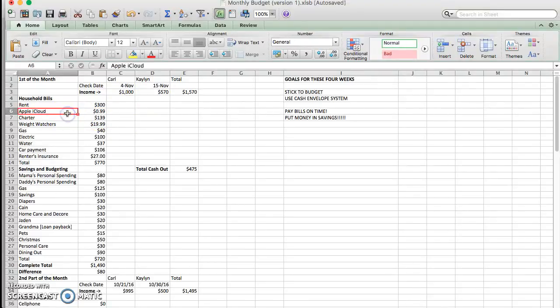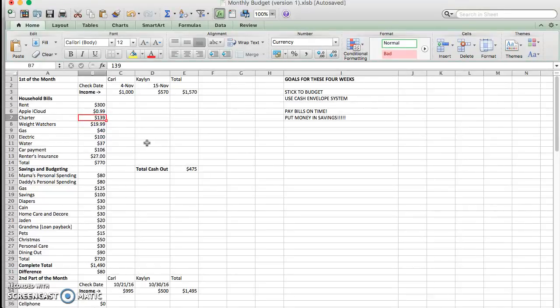Then I have our Apple iCloud account, which is 99 cents. Charter, which is our cable and internet, for $139. Weight Watchers, $19.99 a month. Gas, I have budgeted for $40. I haven't seen that bill yet, but it's usually about that amount. Our electric and water bill I have both already gotten, so I have updated that. Also, I have already gotten our Charter bill.